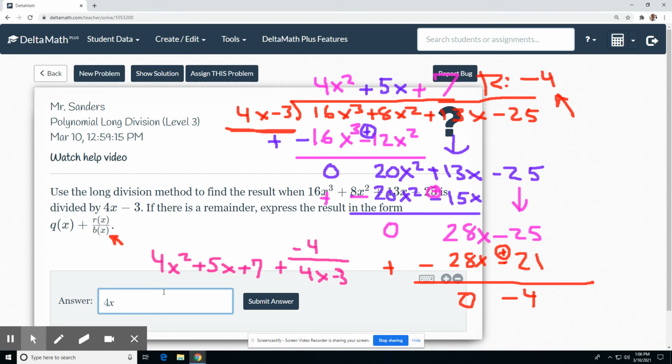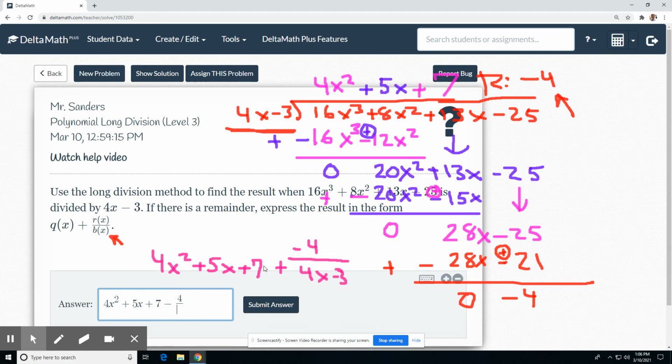Okay? Let's see how we did. 4x squared plus 5x plus 7. I'm going to make this a minus right here. Minus 4 divided by 4x minus 3.